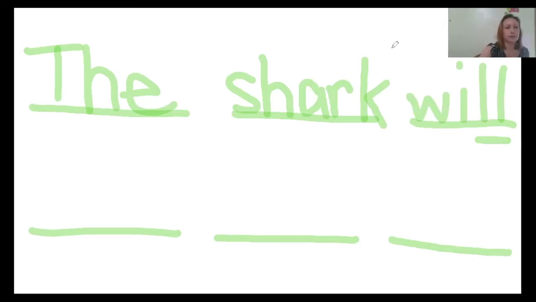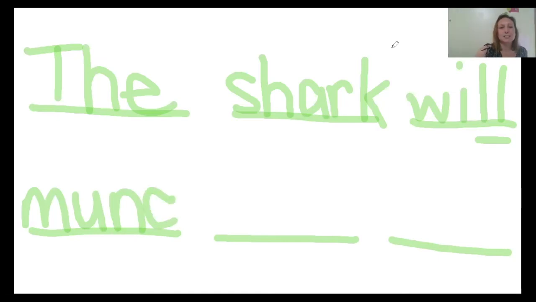The shark will munch. Ch. Do I use CH or TCH for my ch sound? Just CH because I have that consonant there. We only use TCH after a short vowel, but we hear ch, so we use CH. The shark will munch on fish.